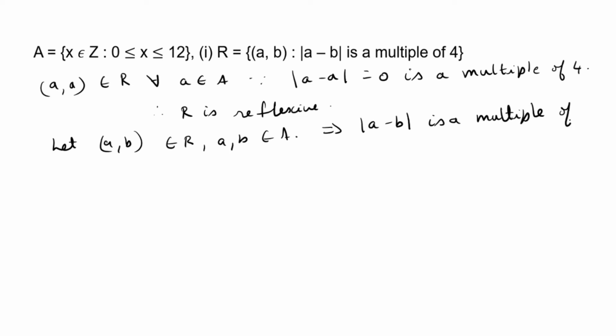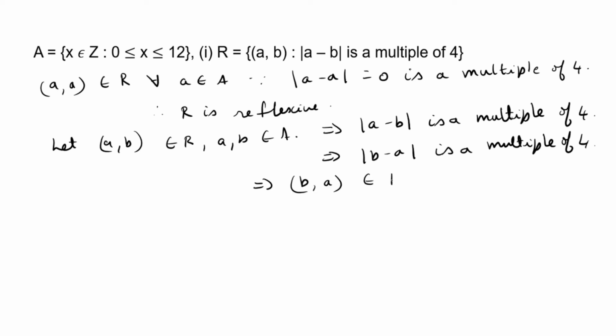If |a − b| is a multiple of 4, then |b − a| is also a multiple of 4. So if |b − a| is a multiple of 4, it means (b, a) is an element of R. It means the ordered pair (b, a) belongs to R. Therefore, R is symmetric.